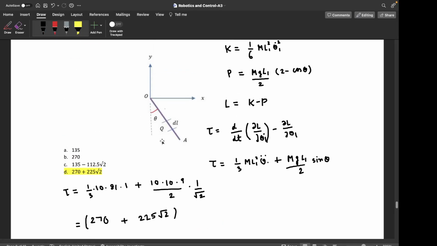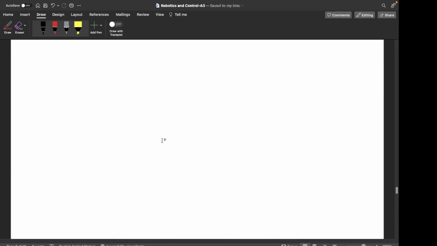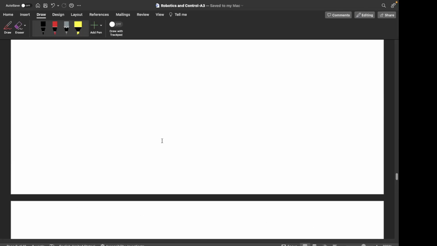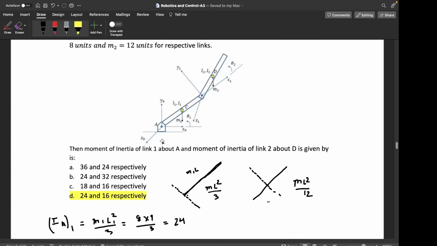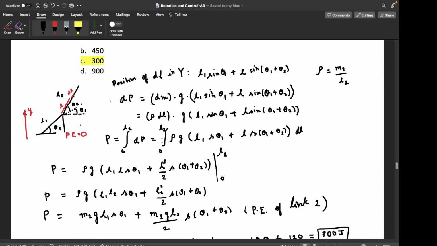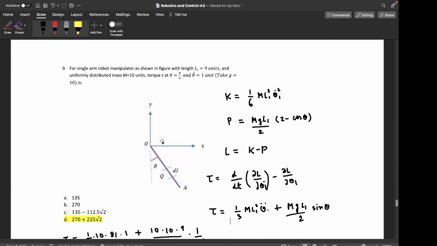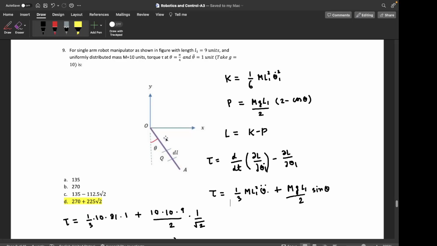Any doubts in questions that I have discussed for this assignment? Sir, excuse me, sir. Question number 9. We are not given a figure, so should we assume the figure which you have just shown for a single arm robot? Yeah. Where is the figure not given? In the assignment which we have, the diagram is not given.